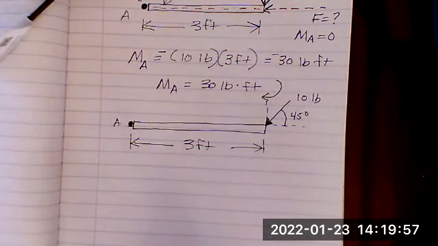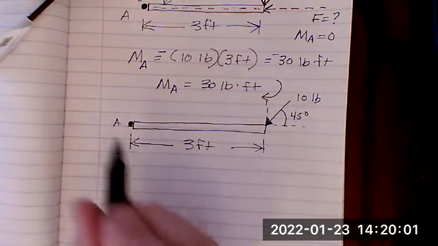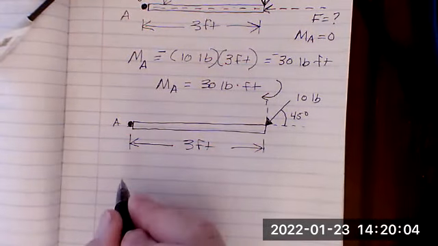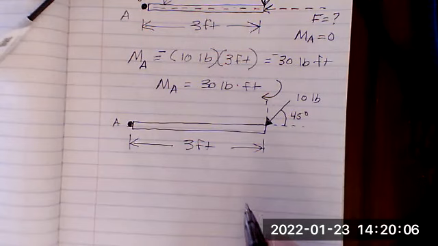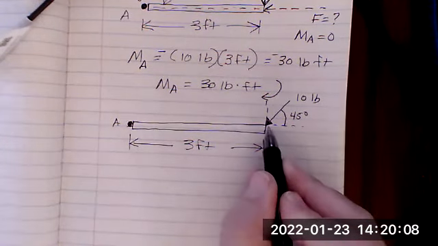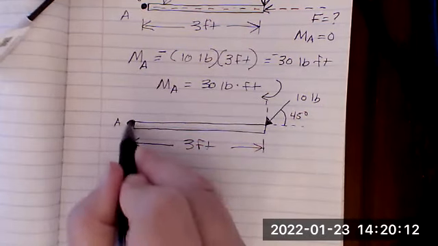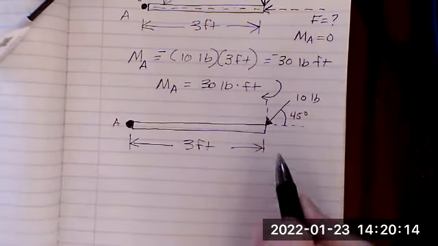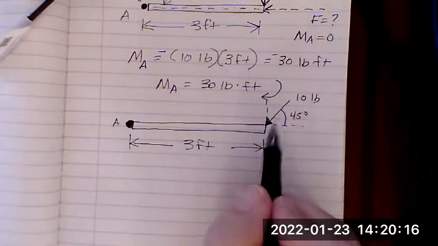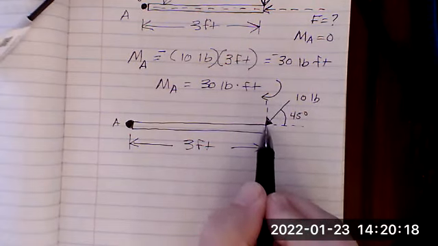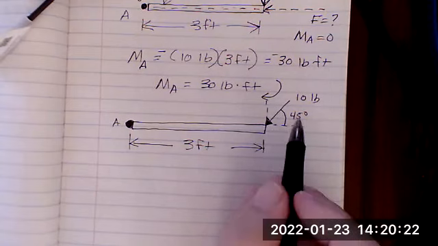And if I was to ask you to calculate the moment about point A here, you're going to have to use your trig functions now. But again, this horizontal component, we're going to assume that the width of the side of the door is negligible here.